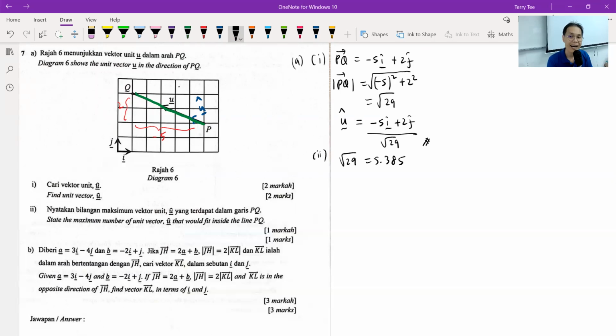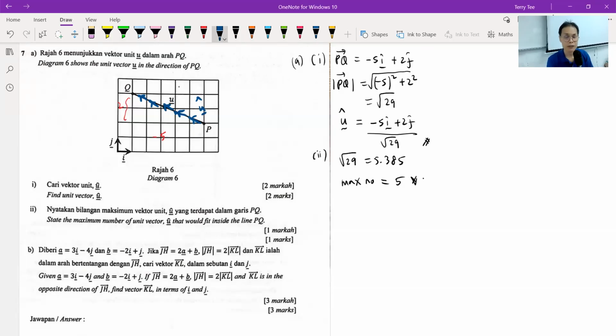So how many unit vectors can I have at most? Well, I can't exceed this number, right? So the maximum number of unit vectors I can have is just 5. For example, I can draw here like this. This is 1, this is 2, this is 3, this is 4, this is 5, and a little bit more because it's 5.3 something.